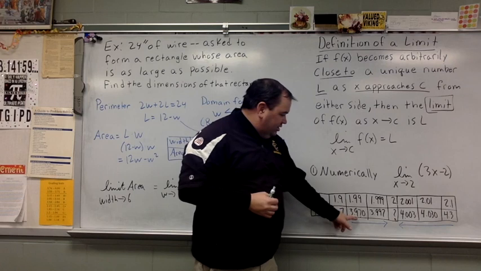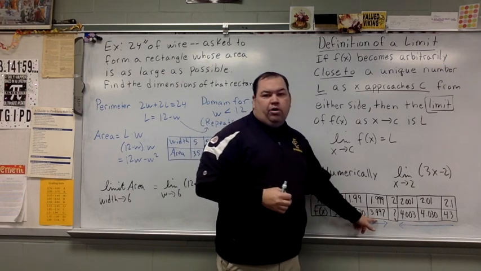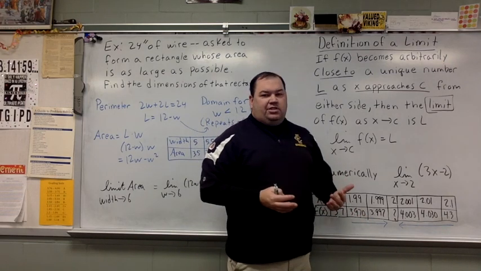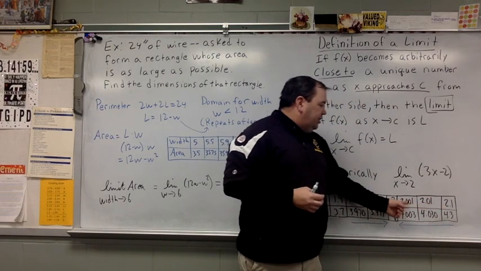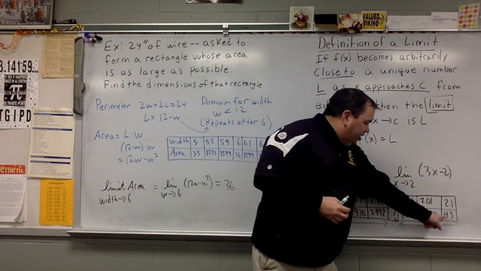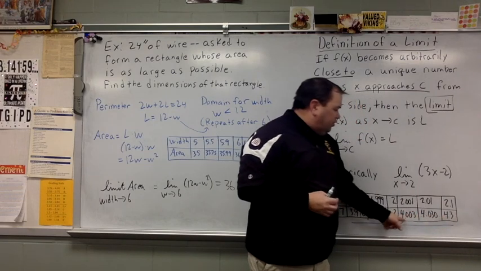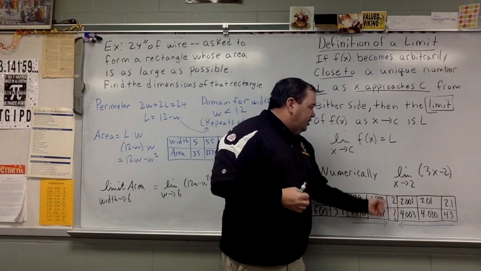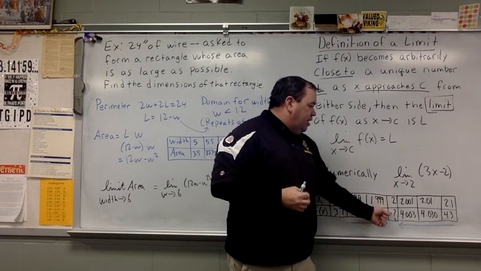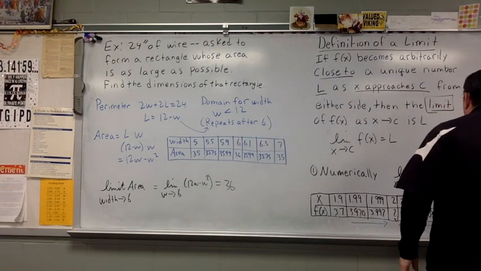And I noticed that these numbers get closer to 4. On the other side, I picked 2.1, 2.01, and 2.001, and I noticed that those numbers are also approaching 4. So the limit as x approaches 2 must be 4.